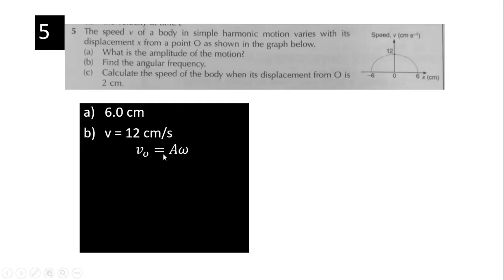Right? v naught is A omega. Then go and calculate your omega. 12/6.